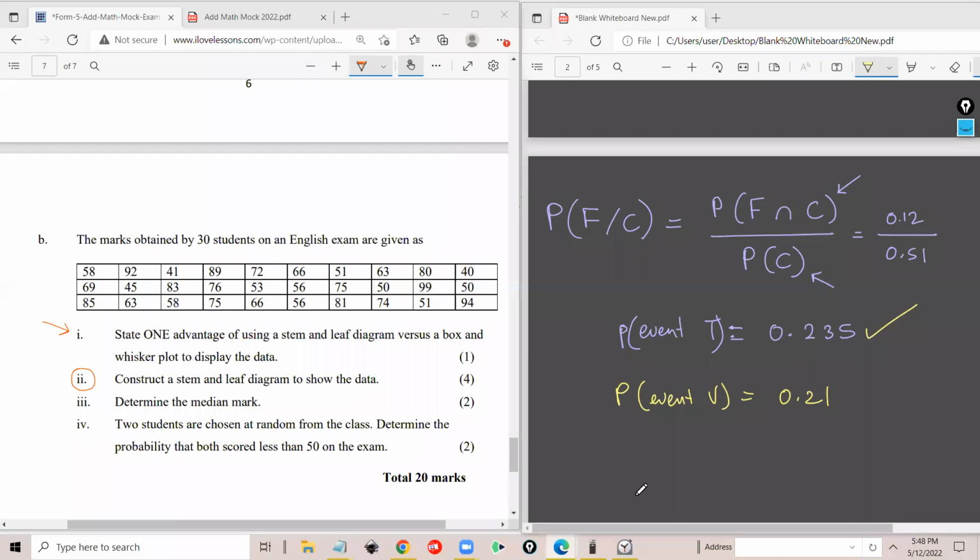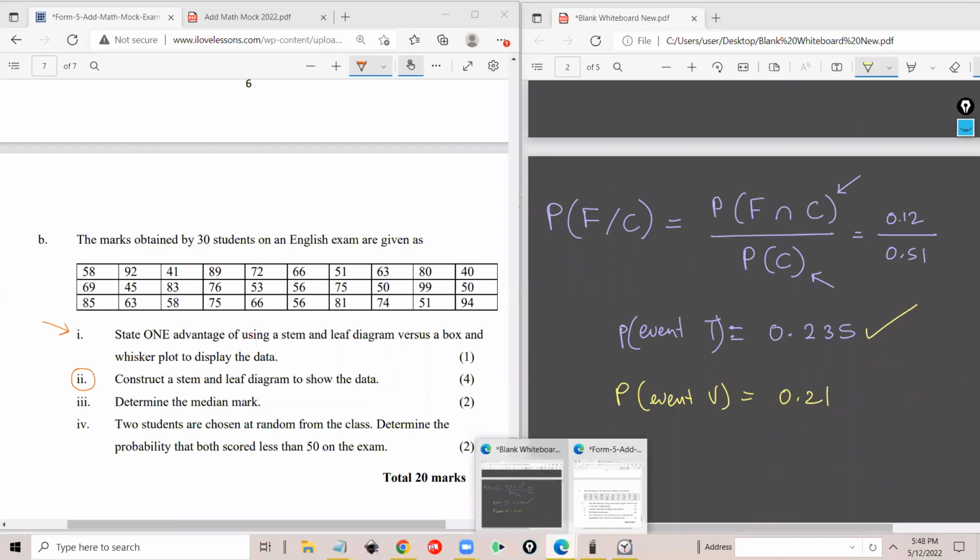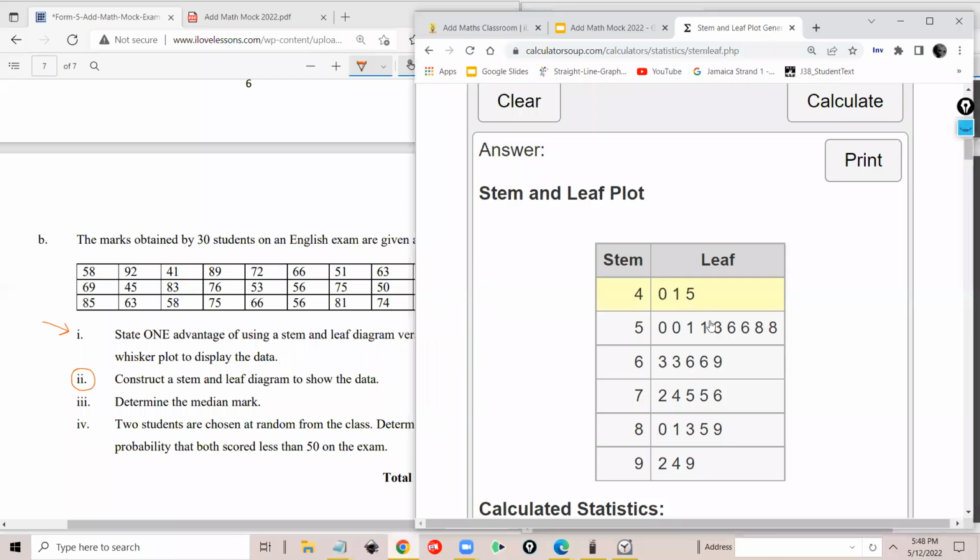In a stem and leaf diagram, let me show you. If we were to do the stem and leaf, remember, you could still make out the original values, the original data. But when you have a box and whisker, you can't tell the individual values. So to me, that's the biggest advantage of a stem and leaf: the original data is shown.